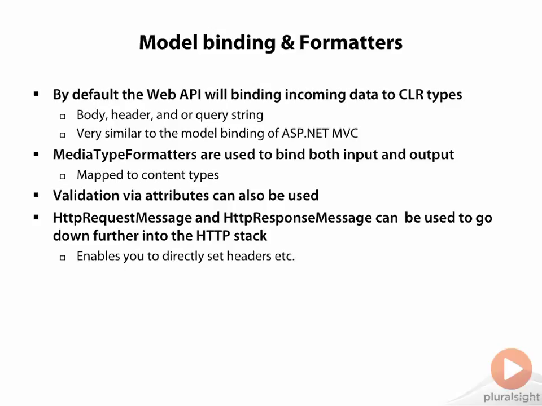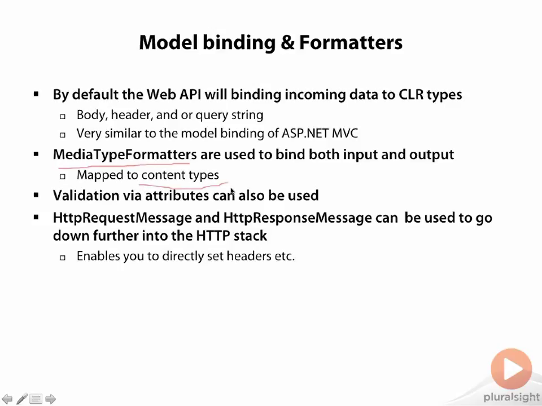One of the things that the Web API does in terms of serialization is, instead of just using regular model binders, it will also use something called a media type formatter. Media type formatters are mapped to content types. So this allows you to accept a post of incoming data in both JSON and XML.